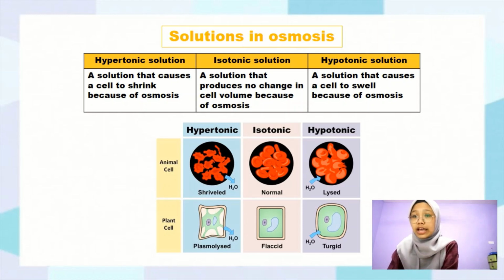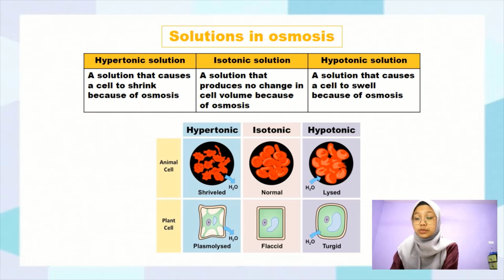Now we will take a look at plant cells. In a hypertonic solution, the plant cells will plasmolyze since the water will exit the cells, due to the high concentration of solute outside the cells, which makes the water molecules inside the cells exit.